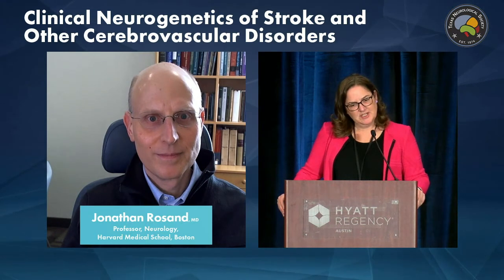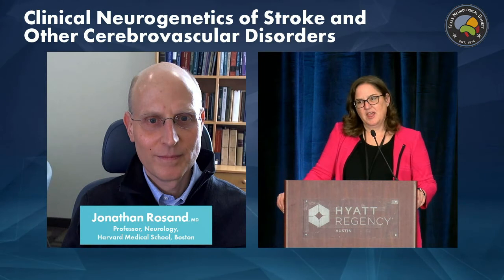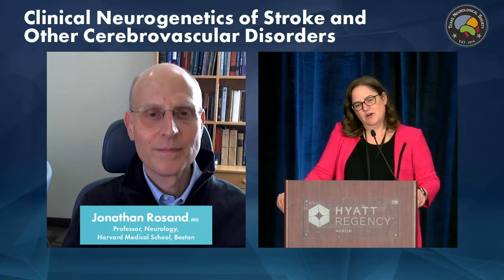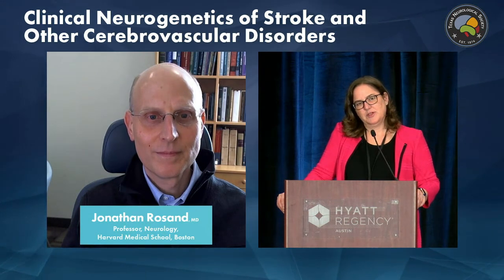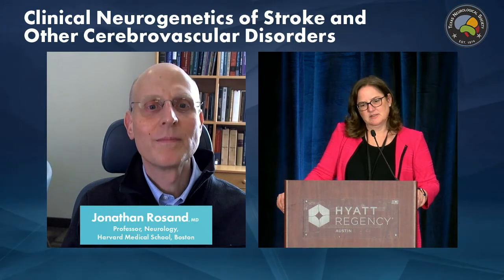I have a quick one, Jonathan. Excuse my ignorance, but is the ApoE genotype different at baseline in African Americans? Like, is the overall ApoE3, E4 ratio different than in Caucasians?